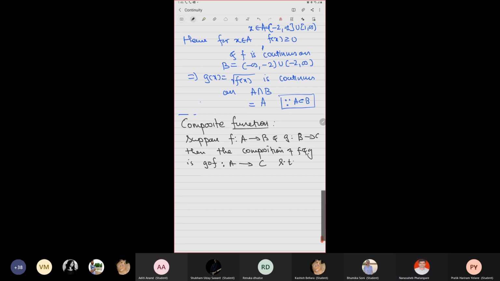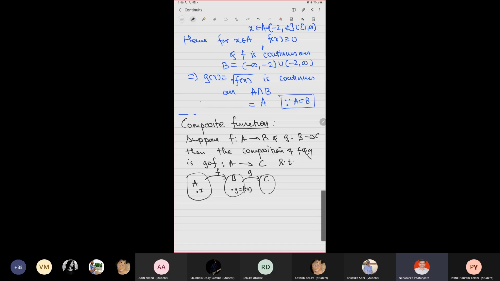So this is A, this is B, this is C. So f and g. G is from B to C, and if we choose any x here, I get y in B, which is f of x. Right?